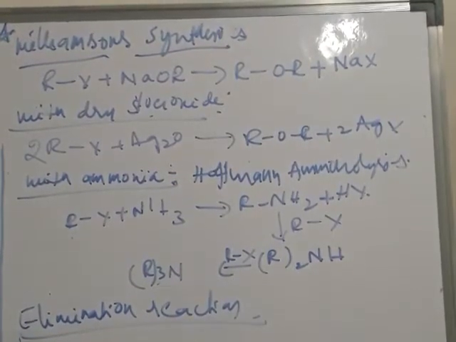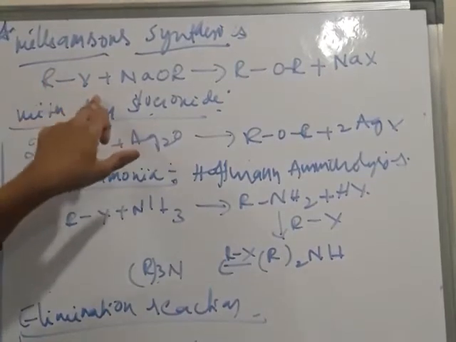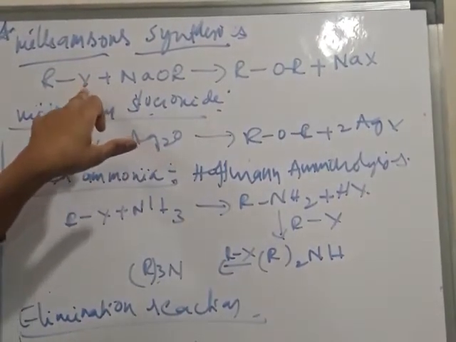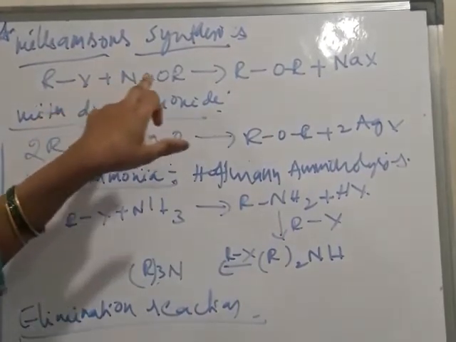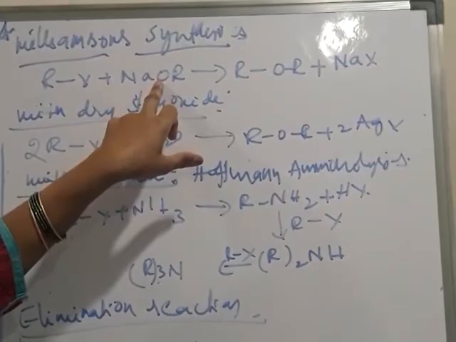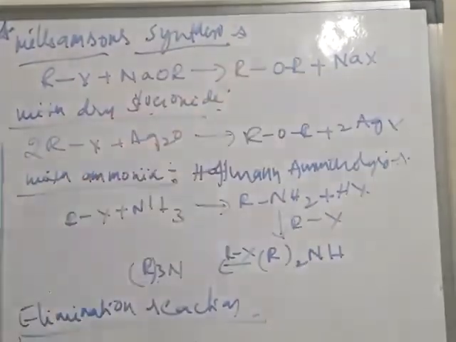Here alkyl halide reacts with sodium alkoxide, and the halogen is substituted with the alkoxide group, and we get ether.